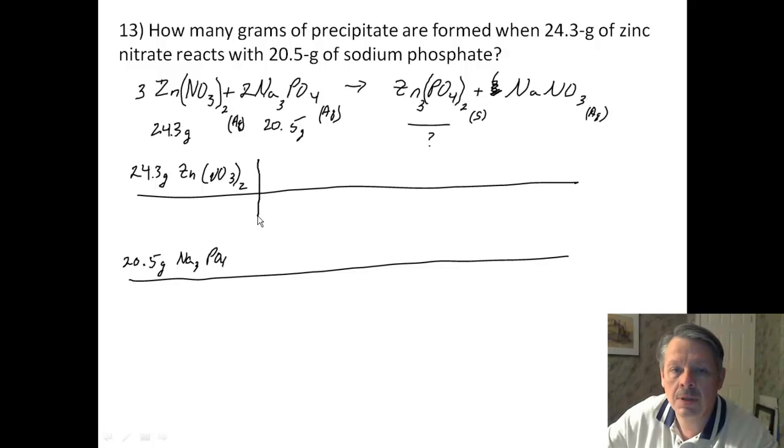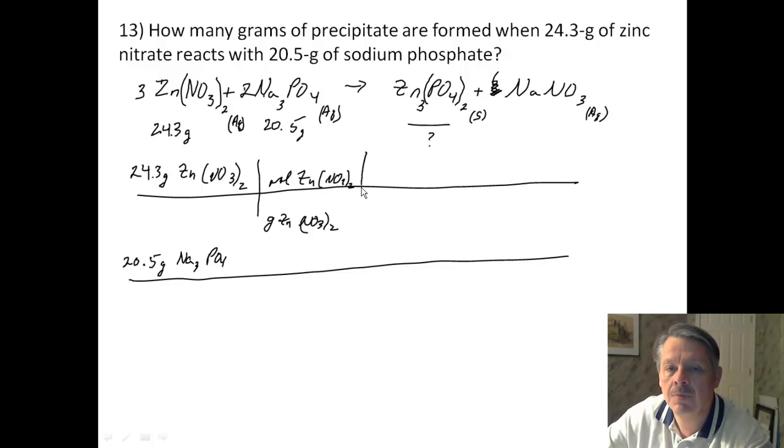Okay, let's do this one first. We go from grams of zinc nitrate to moles of zinc nitrate. And we go from moles of zinc nitrate to moles of our target.